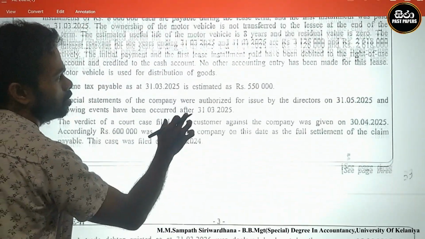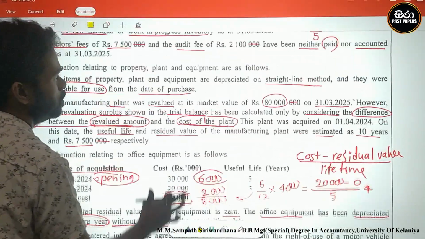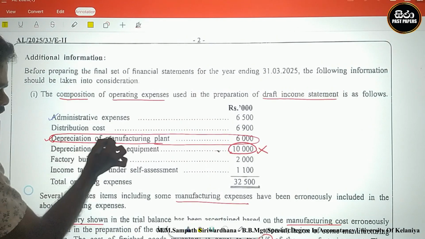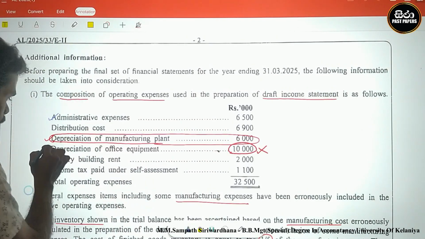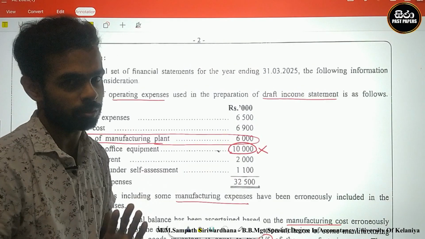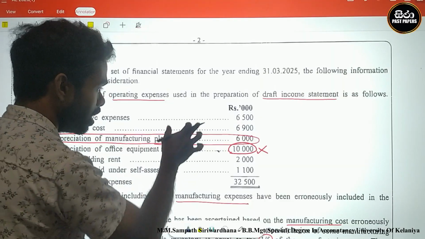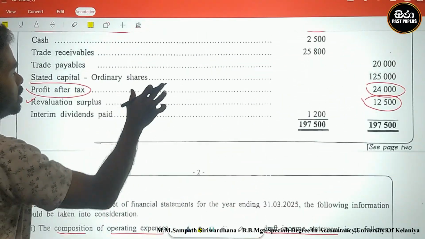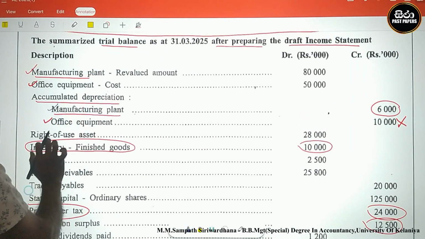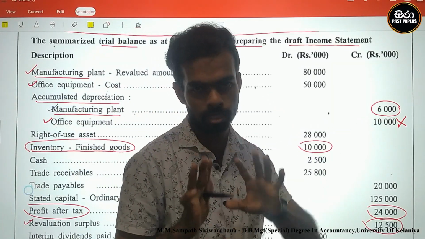The depreciation of the manufacturing plant was already done. We already carried the depreciation of office equipment. The expense was done and the correct one was extracted. The office equipment cost is already done. For accumulated depreciation, the wrong value of 10,000 was corrected.